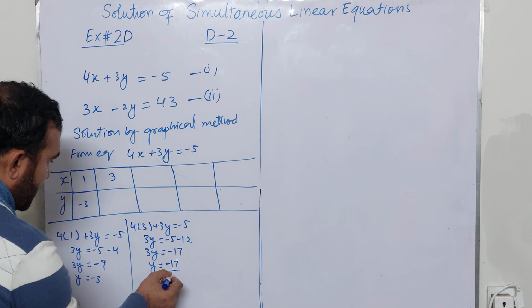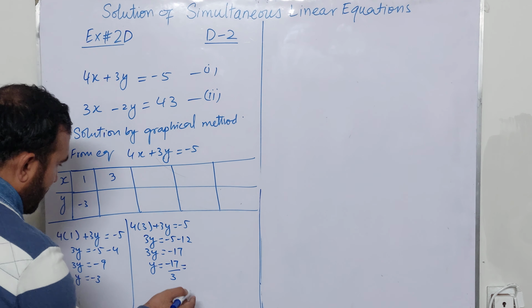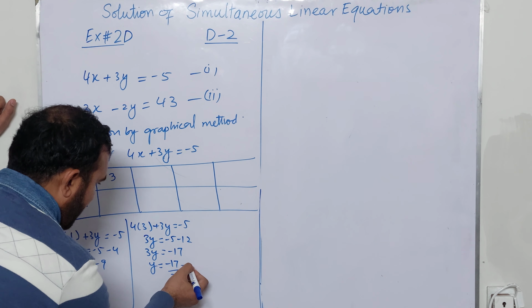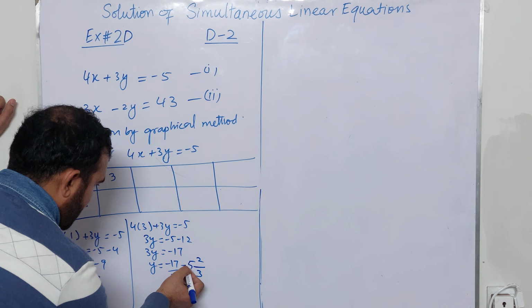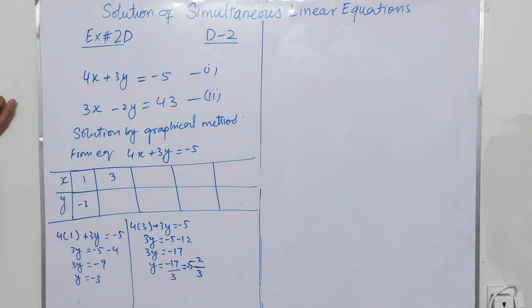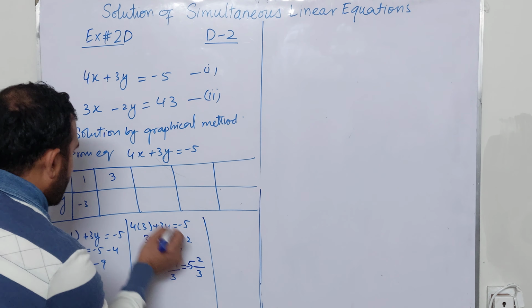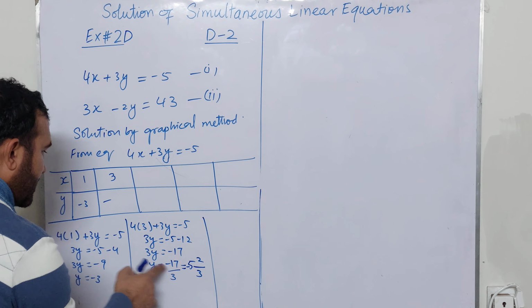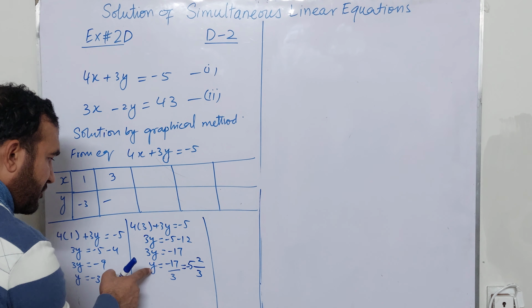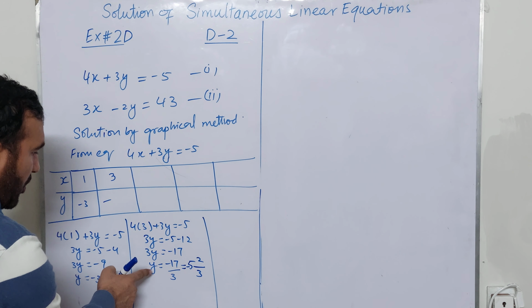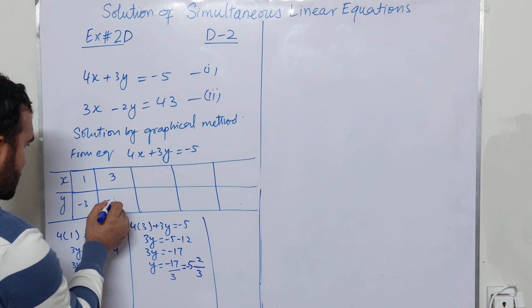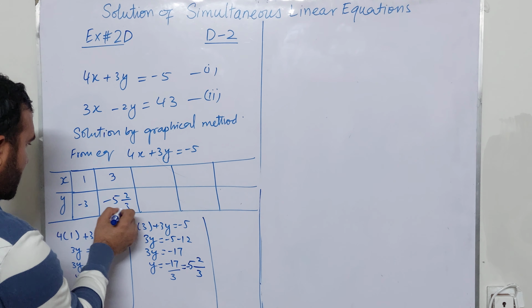It will be minus 17 divided by 3, which, if we write in mixed fractions, is minus 5 2 by 3. So we put the value of x as 3, and we got the value of y as minus 5 2 by 3, the corresponding value of y with respect to x.